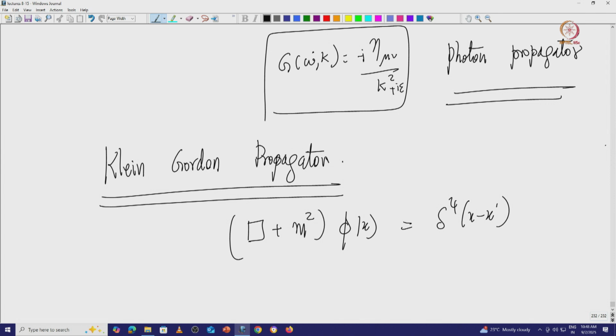The Klein-Gordon equation is equal to, now what I want to solve is that this will become the Green's function.